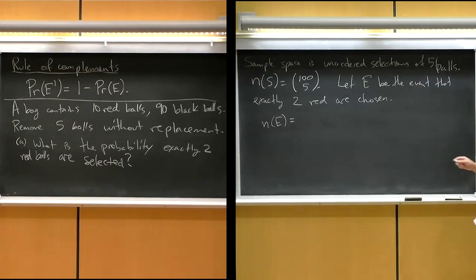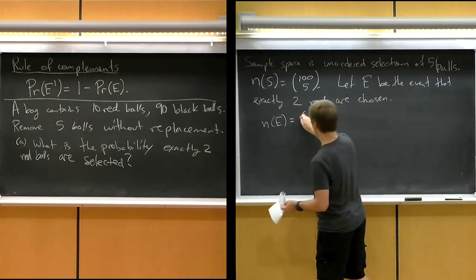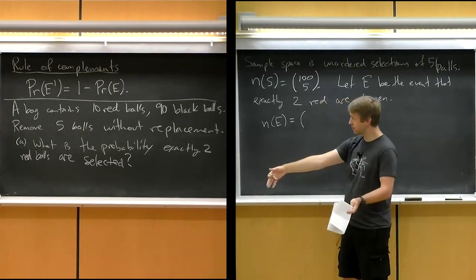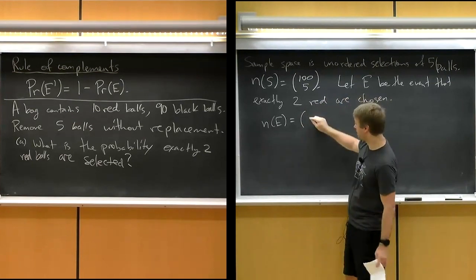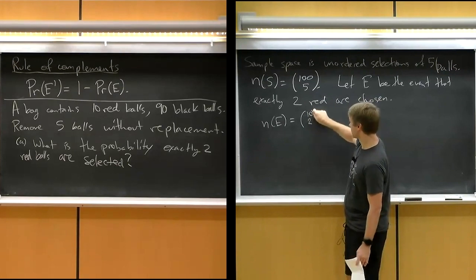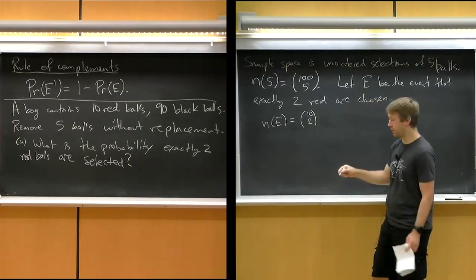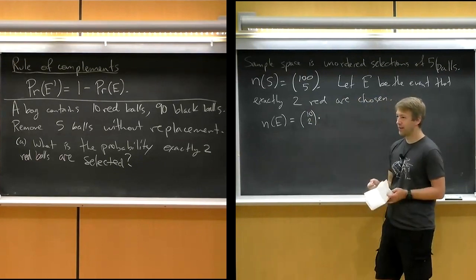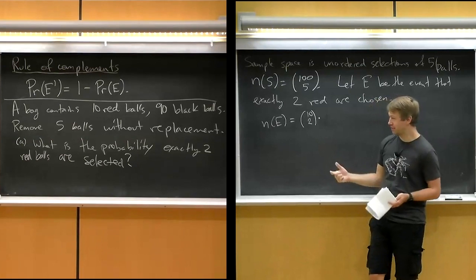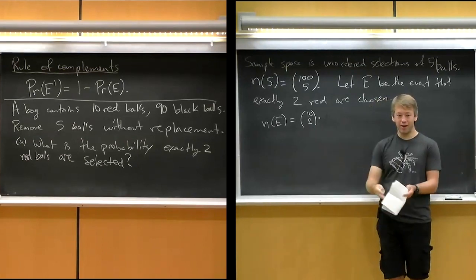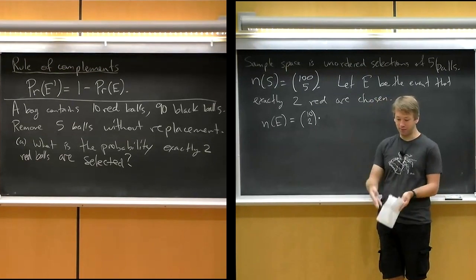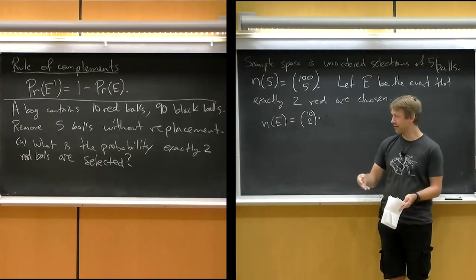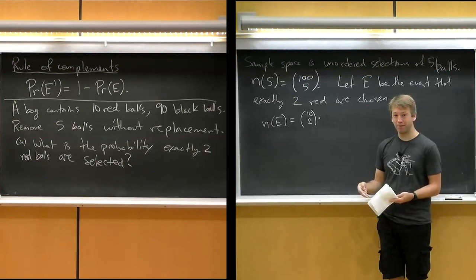Yeah, that's great. Because I've got 10 red balls in there, and I'm picking 2 of them, there's 10 choose 2 ways to do that. One easy mistake to make is to stop at this point and say, oh, pick exactly 2 red balls. But picking 2 red balls is not really what my sample space is talking about.